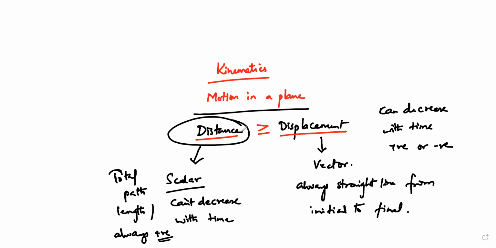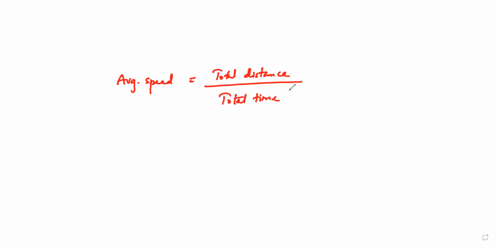Next thing, average speed. What is average speed? Average speed is total distance by total time. Average velocity will always be less than or equal to average speed.